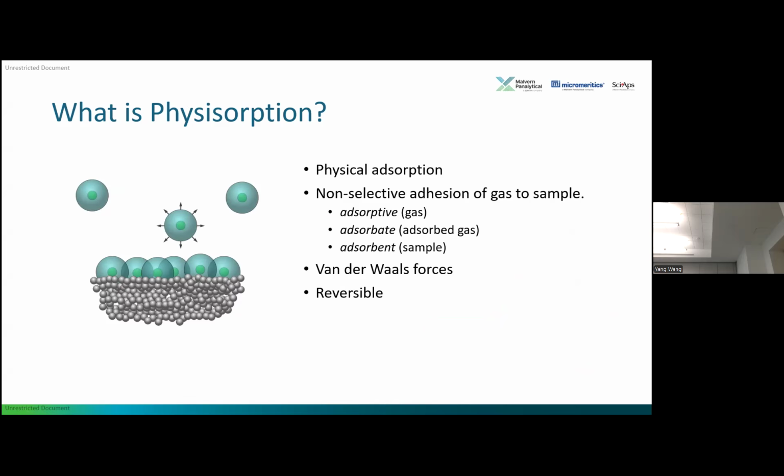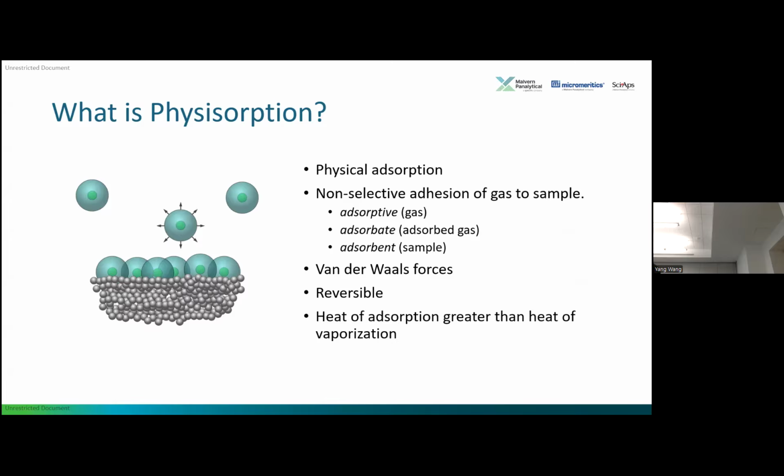It's using Van der Waals forces, which is a weak, reversible interaction. And like I said, it's under vacuum, under cryogenic temperature, so the absorption will occur. It's a thermodynamic interaction. As the gas molecules stick to the surface, we're going to look at how much is absorbed by monitoring the pressure.